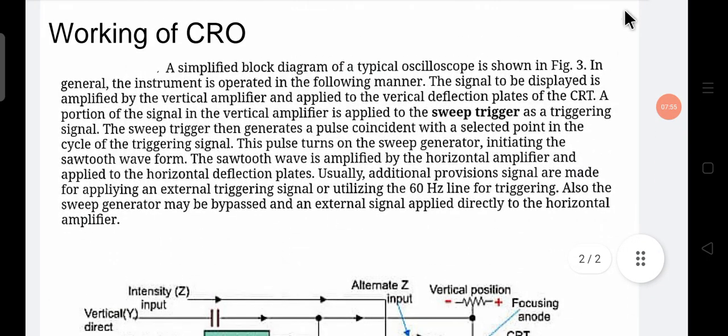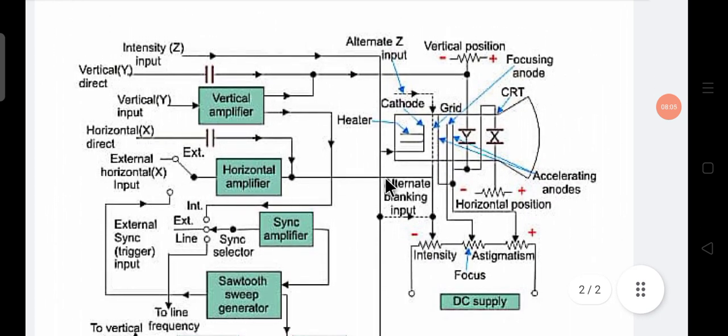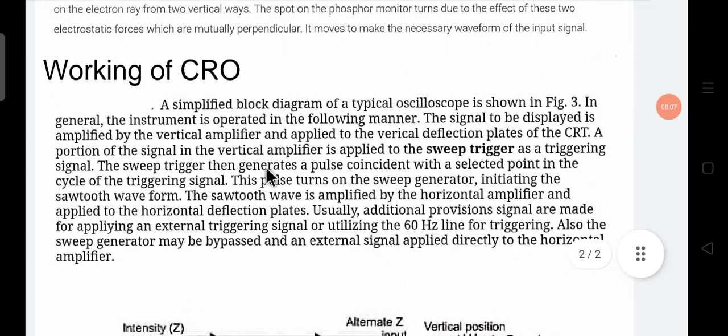A simplified block diagram of a typical oscilloscope is shown in the figure. In general, the instrument is operated in the following manner. The signal to be displayed is amplified by the vertical amplifier and applied to the vertical deflection plate of the CRT.